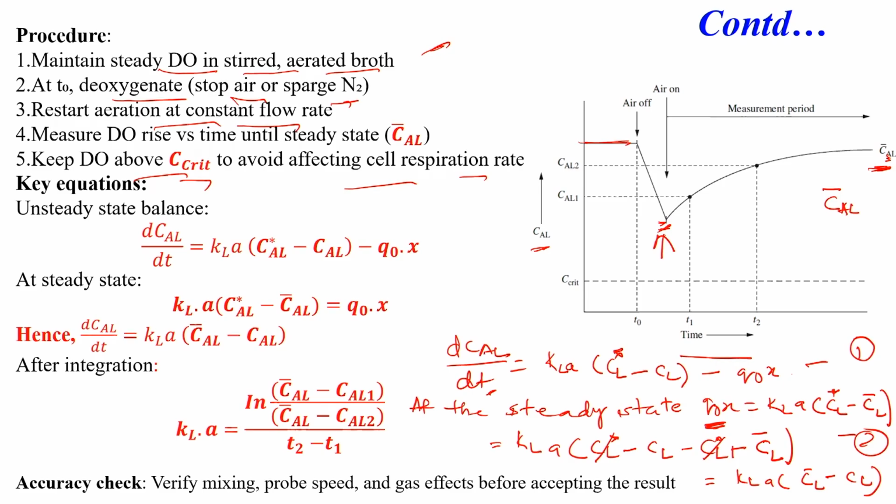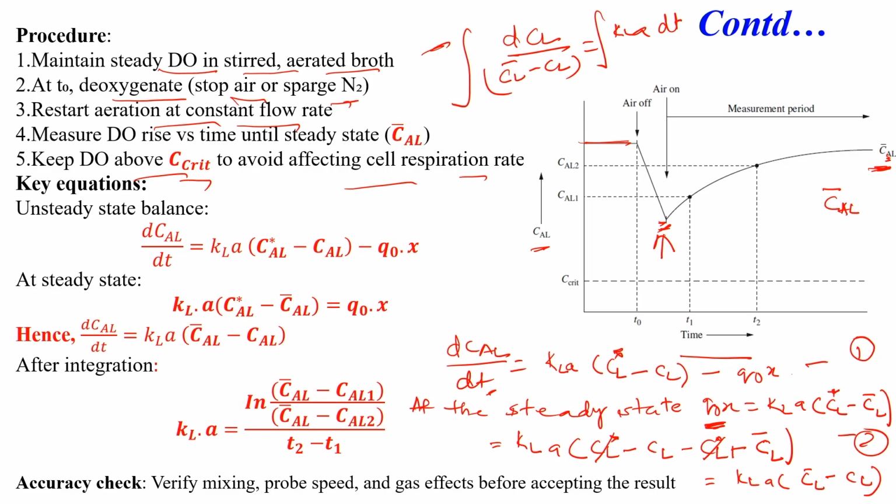When we integrate it, dCL upon CL bar minus CL equals KLA into dt. So you can integrate this, and this will be ln. What limits are we taking?